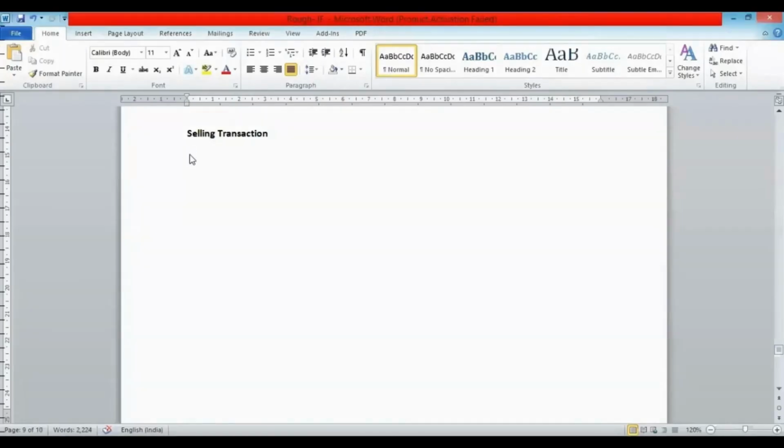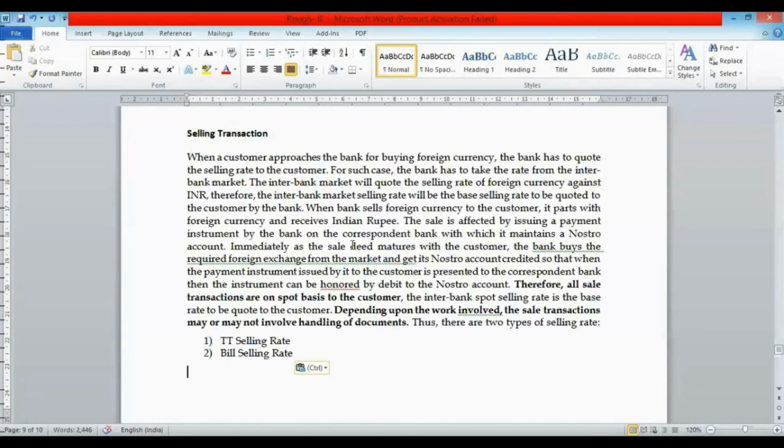I will also show you the matter, which you can easily try to understand, what I am trying to say. Just see what has been written here. When the customer approaches the bank for buying foreign currency, the bank has to quote the selling rate to the customer.